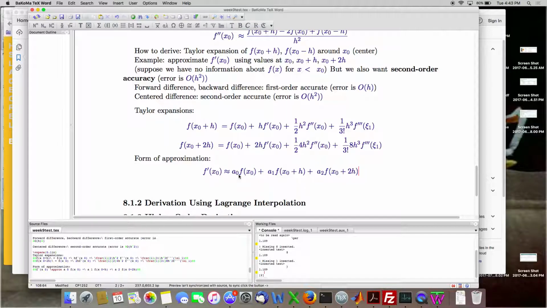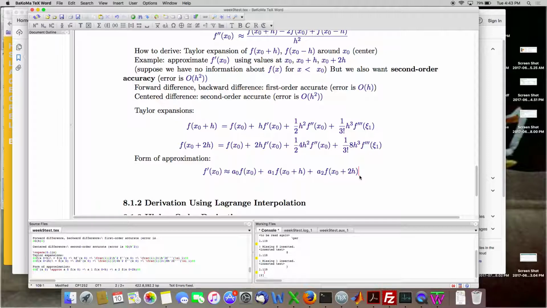So I have these unknown coefficients, a0, a1, a2, and I need to solve for these. So in order to figure out what values of these coefficients will give me the derivative, and also cancel anything I don't want, I need to use these 2 Taylor expansions.